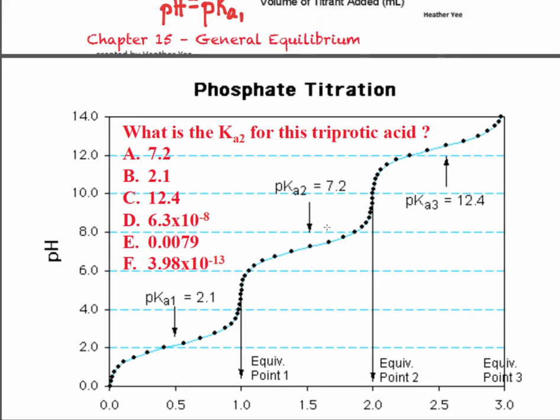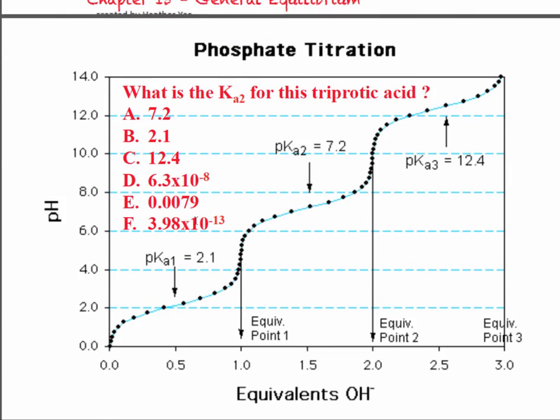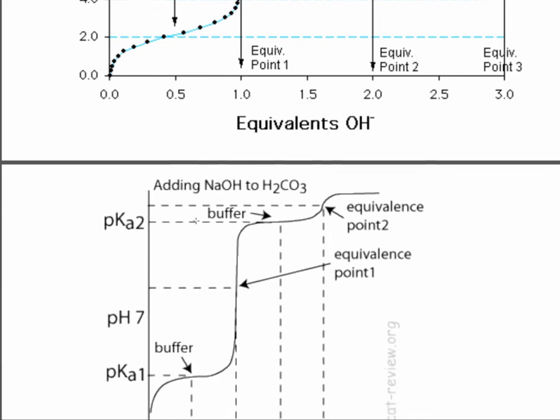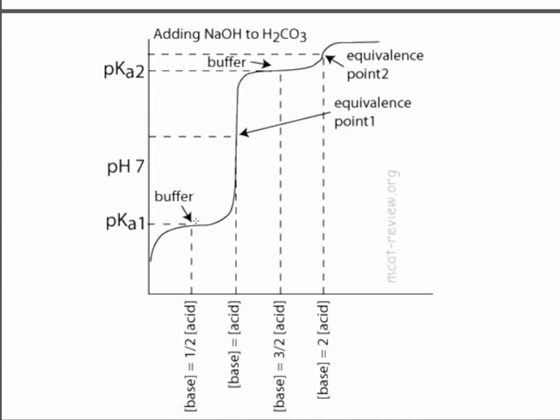What's the Ka2? Okay, Ka2, pH equals pKa, the halfway point, and 7.2. How about 10 to the negative 7.2? What's 10 to the negative 7.2? I think it's about this answer right here. I guess this is true, but kind of confusing.